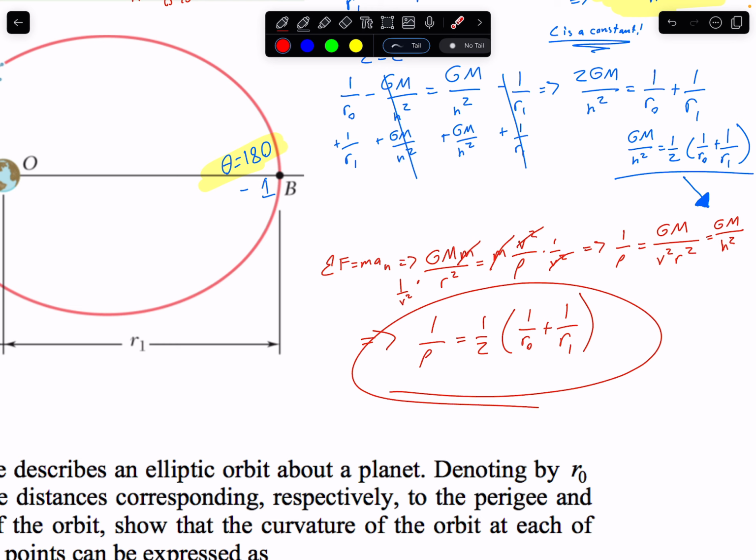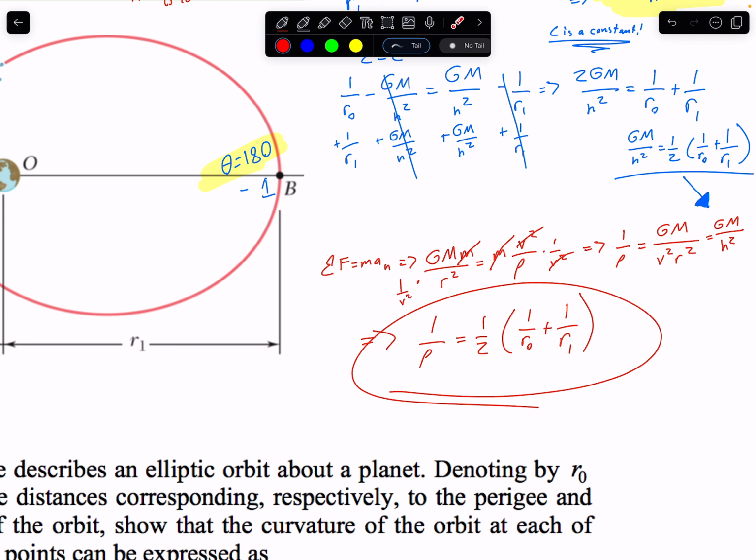Let's see, you can send the v squared over and cancel it on the right side. In any other case, we could just take that out, but we're looking for 1 over radius, instantaneous curvature, and then we can change that to v squared times r squared is equal to h squared, because h equals v times r.